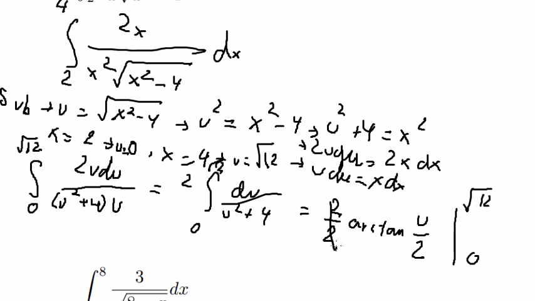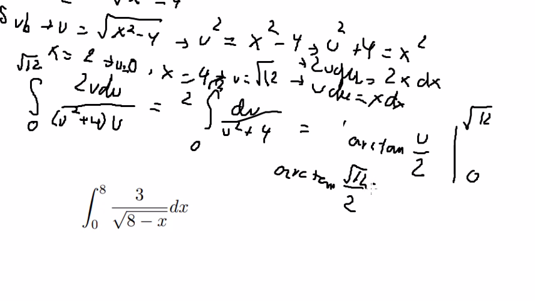So this one you get number 1. So you get arctan of the square root of number 12 over 2. So this one you get pi over 3.